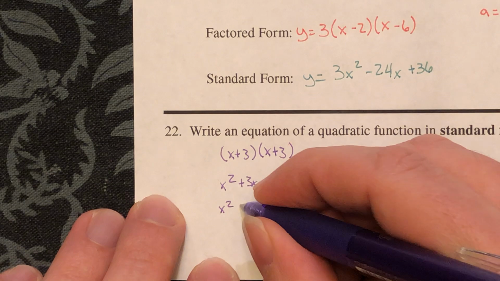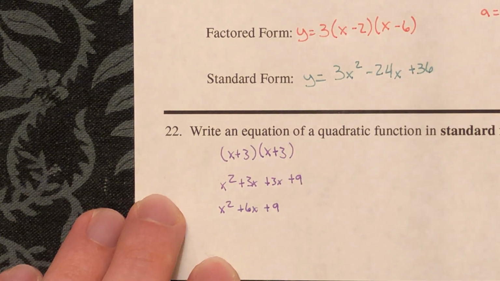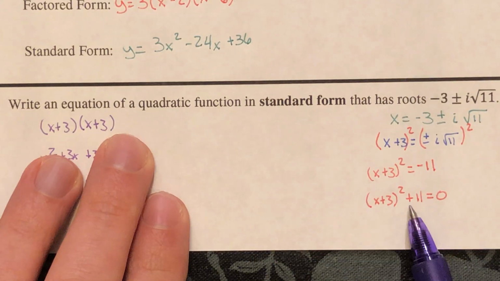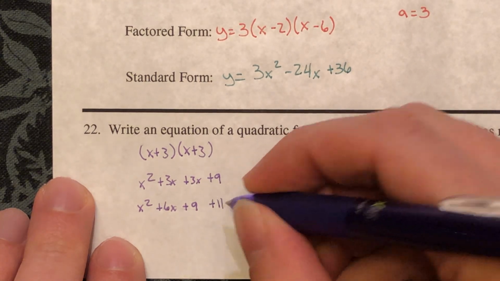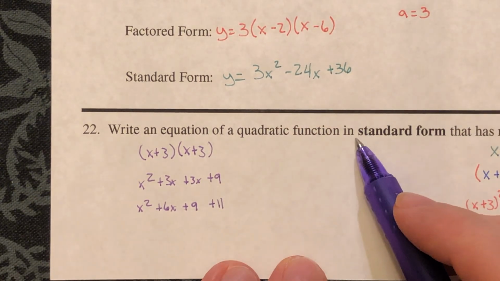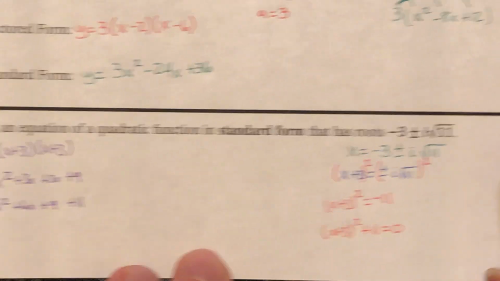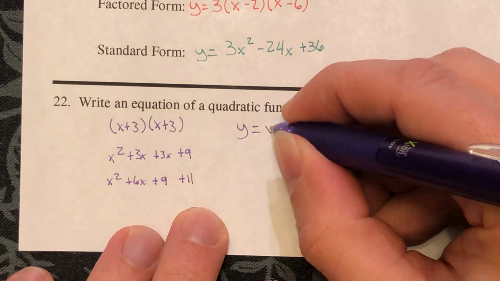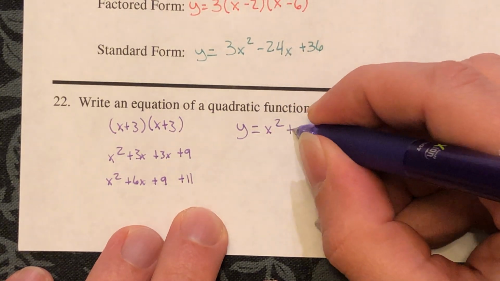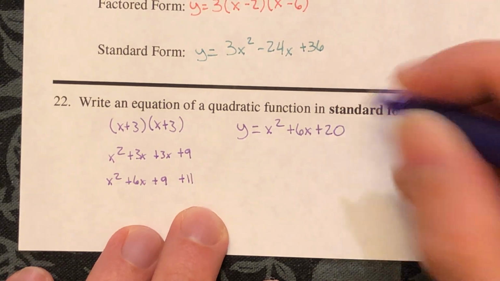So x squared plus 6x plus 9. And then I have the plus 11 that I need to add to this. So my standard form equation that has the roots of negative 3 plus or minus i root 11 is going to be y equals x squared plus 6x plus 20.